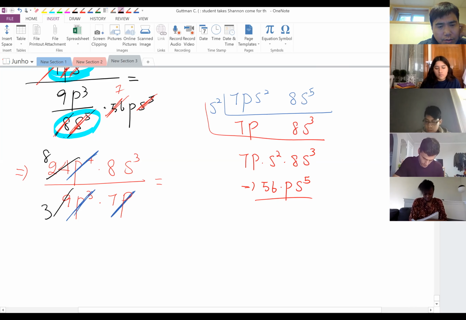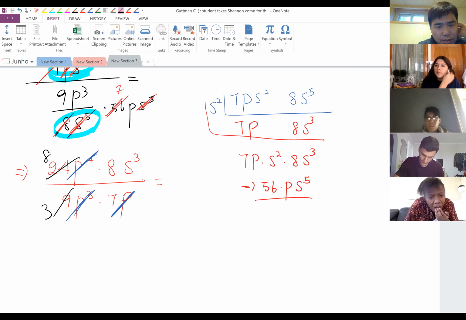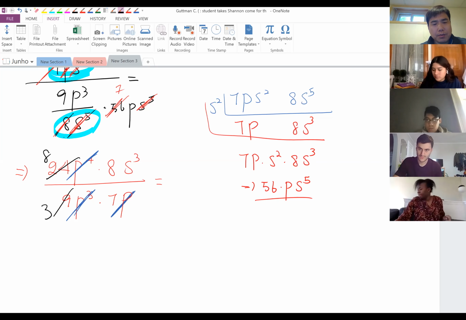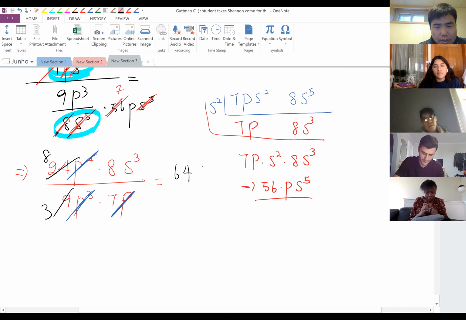So am I right? You said 3 is not a common factor of 24 and 9. Yeah, it is. 24 divided by 3 is 8, right? So it becomes 64 S cubed over, I get 21.